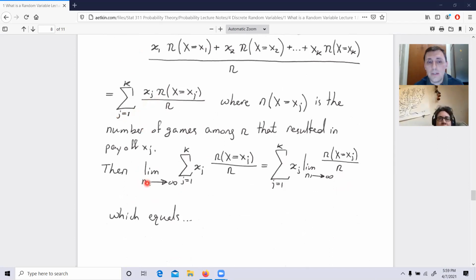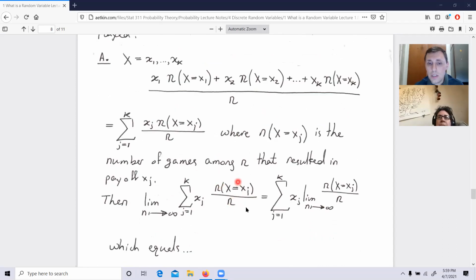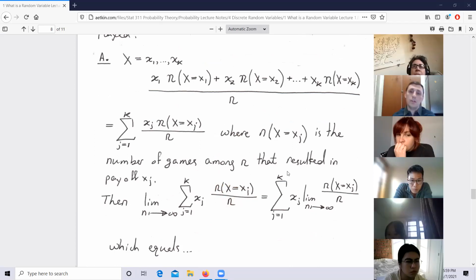If n is huge, it's as if I take the limit as n goes to infinity. Now it will be the summation of xj, and you have this ratio, n of x equal to xj, divided by n. But what does this ratio equal to? Look at this ratio. What is that approaching? Please type in the comments if you see.